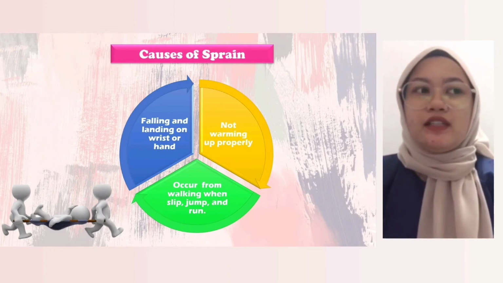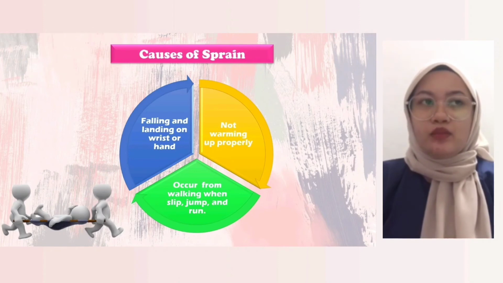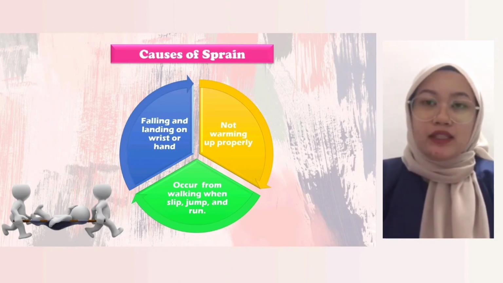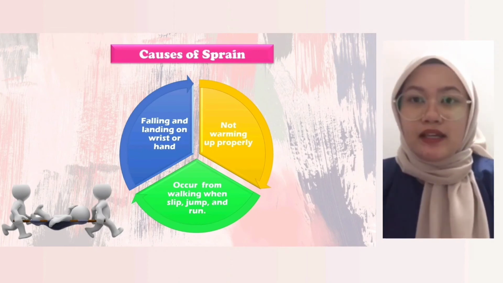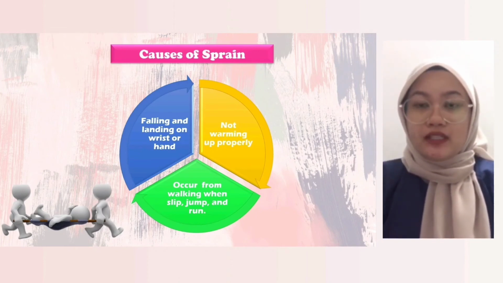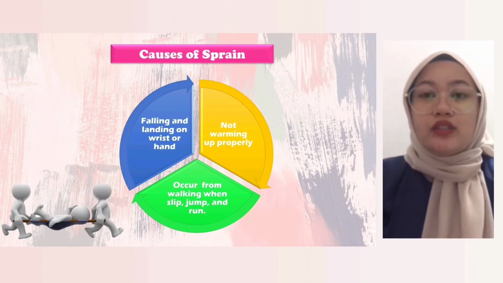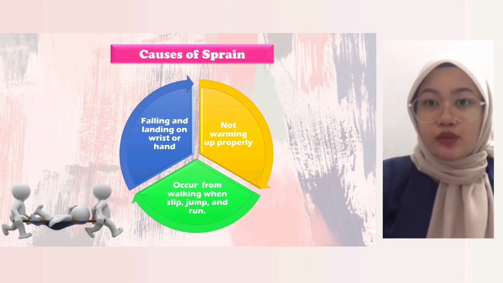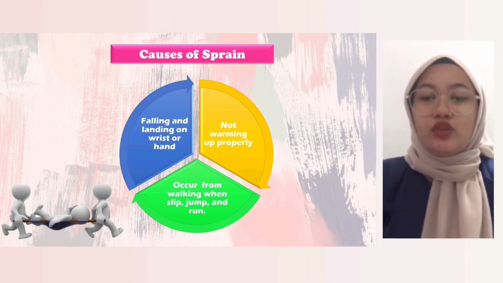An example of uneven surface is mountain and grass. So when you jump and land awkwardly, your ankle can twist and it will lead to sprain.